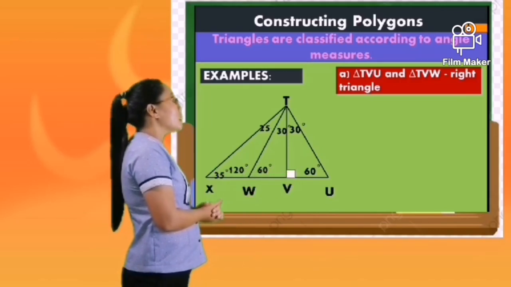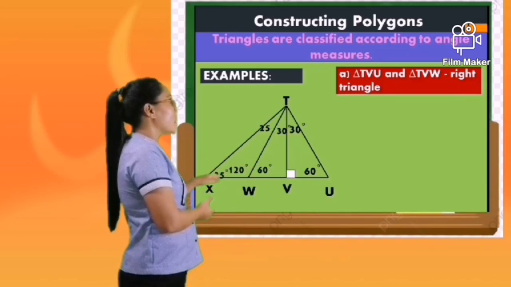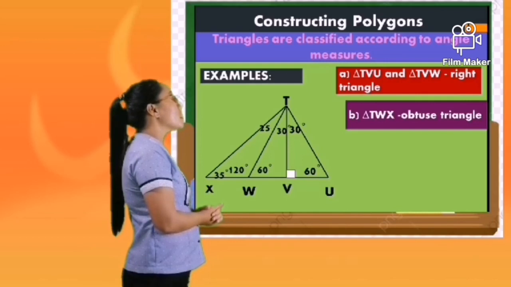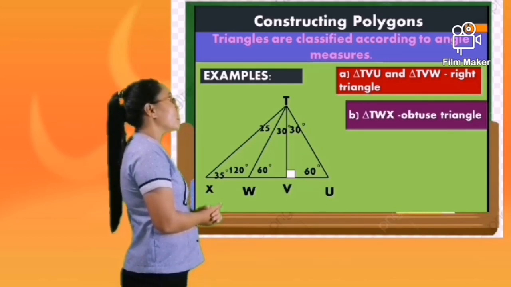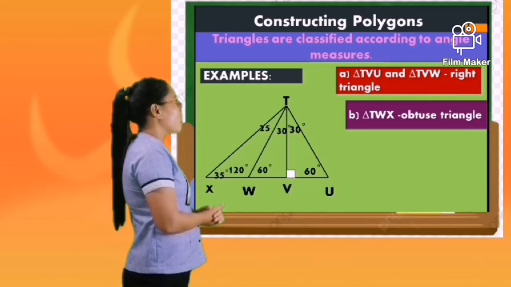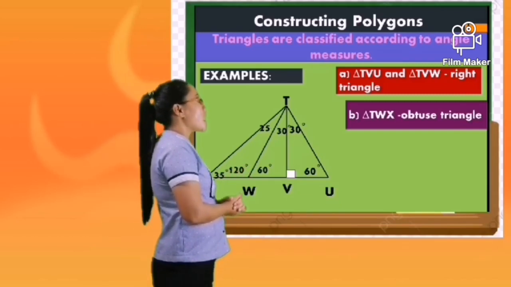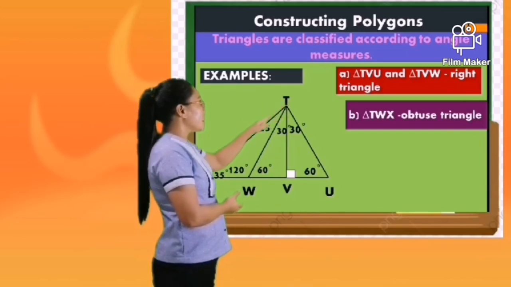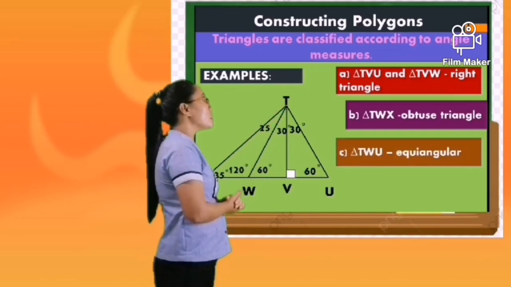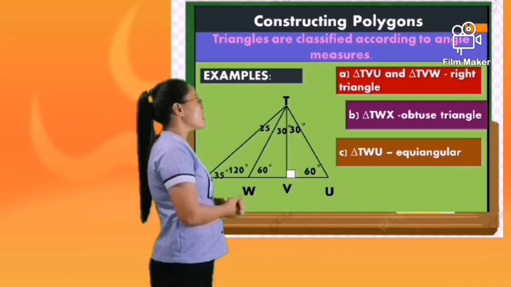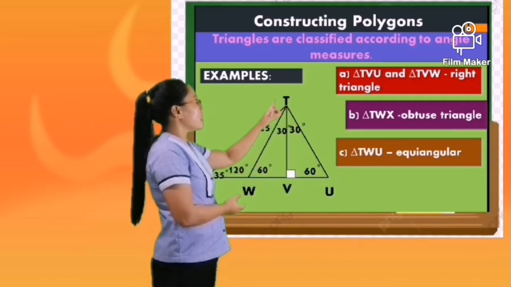Then triangle TWX is an example of an obtuse triangle because the measurement of the angle here is an obtuse angle, which is 120 degrees. And triangle TWU is an example of an equiangular triangle because the measurements of the angles are all equal, which is 60 degrees.